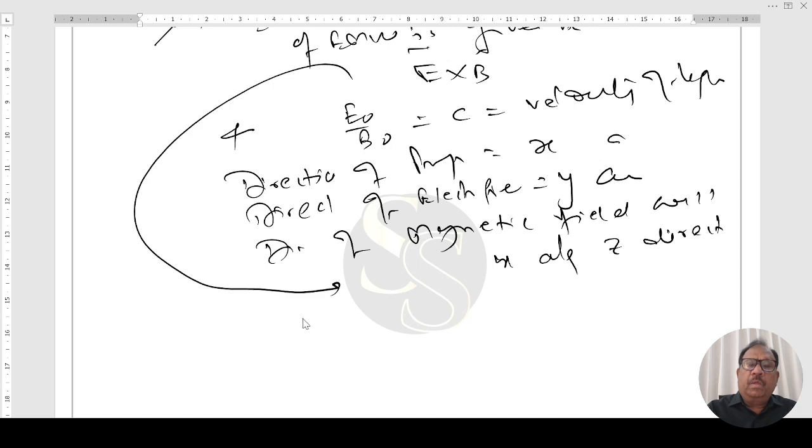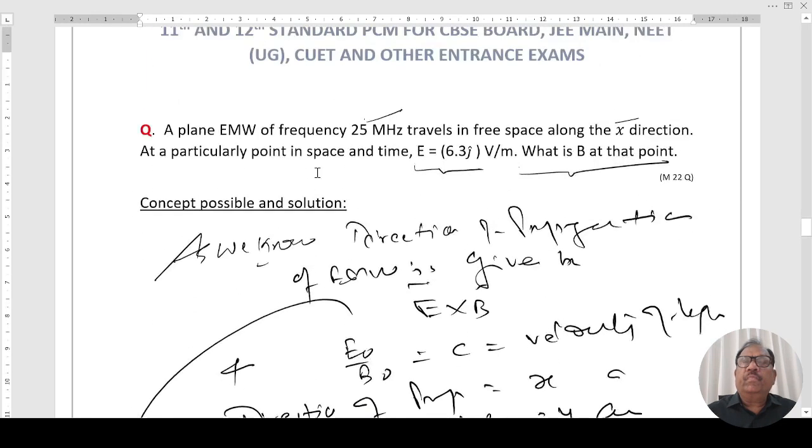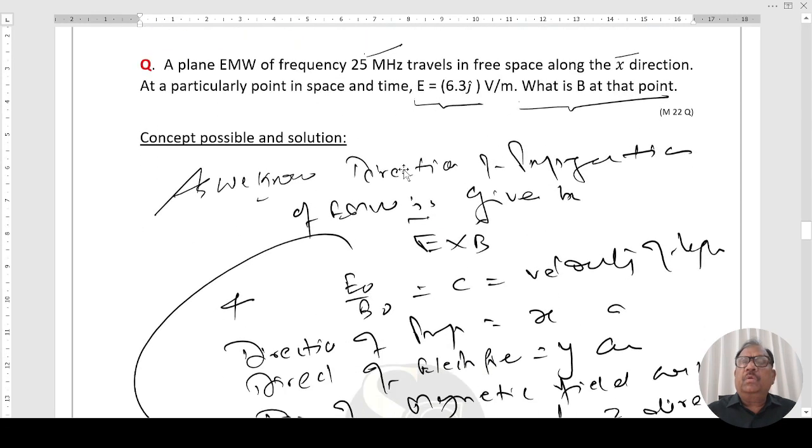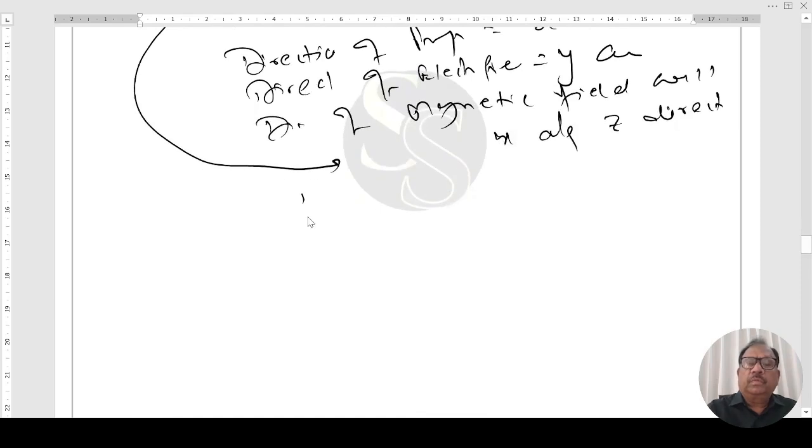Therefore, we have to find B equal to E naught by C, k, Tesla.